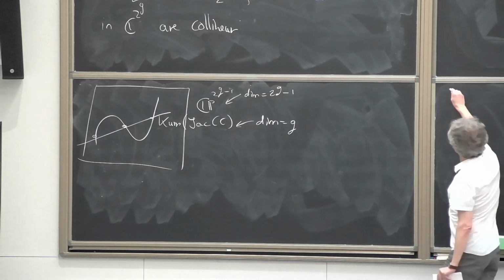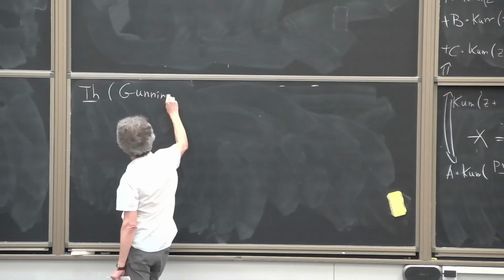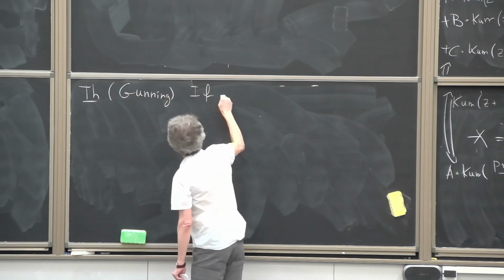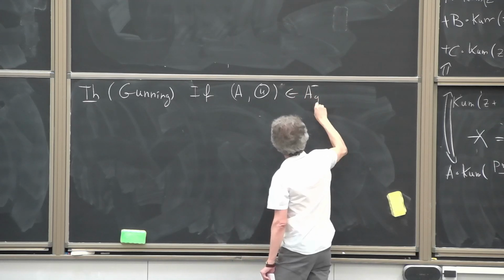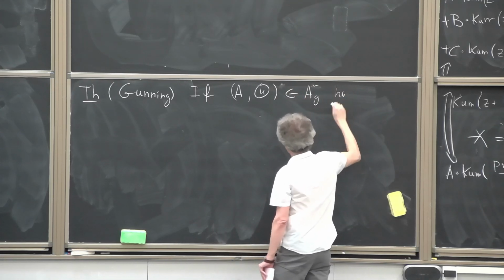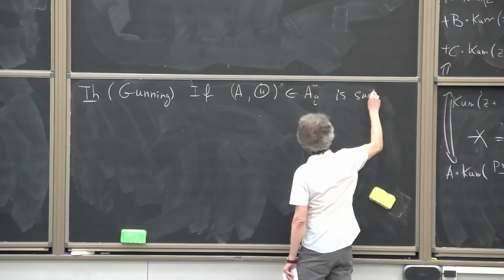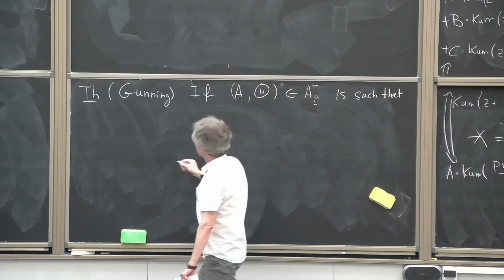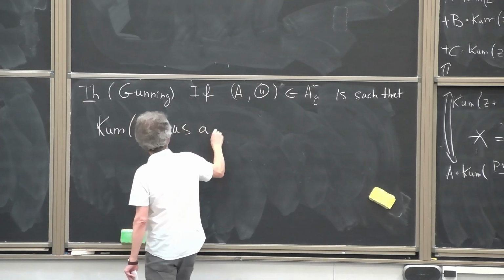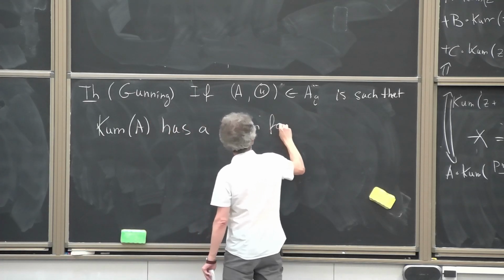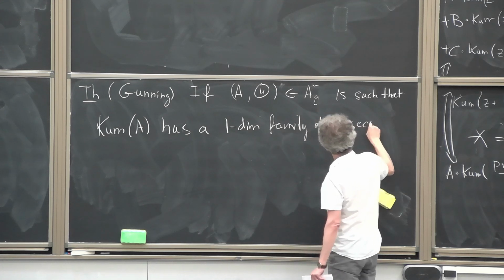Okay? Theorem. This is due to Gunning. If an abelian variety, a principally polarized abelian variety, is such that its Kummer image has a 1-dimensional family of trisecant lines.